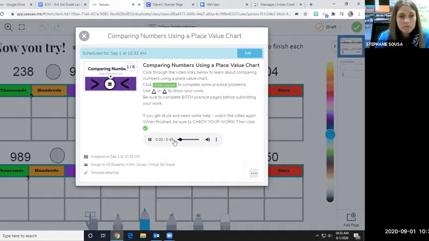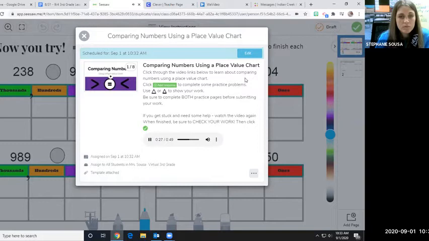In this assignment, you're going to learn about comparing numbers using a place value chart. The first thing you're going to do is click through the video links below to learn about comparing numbers using a place value chart. Then you're going to click the Add Response button to complete some practice problems on your own. You're going to use the pen or pencil tool to show your work on each page.